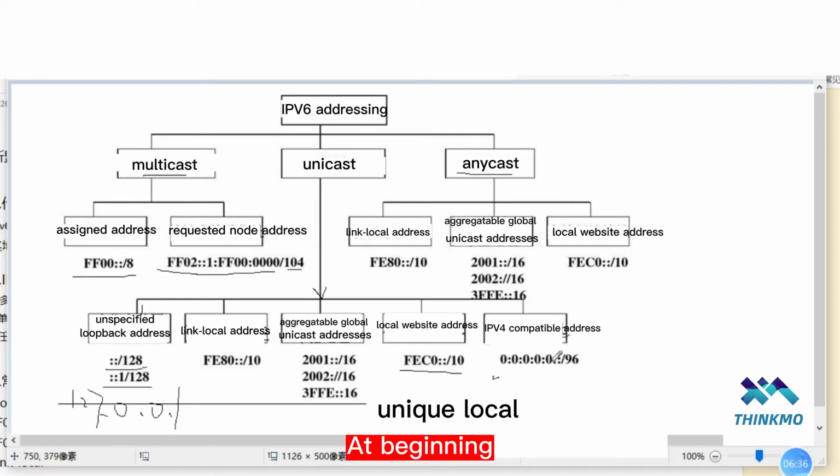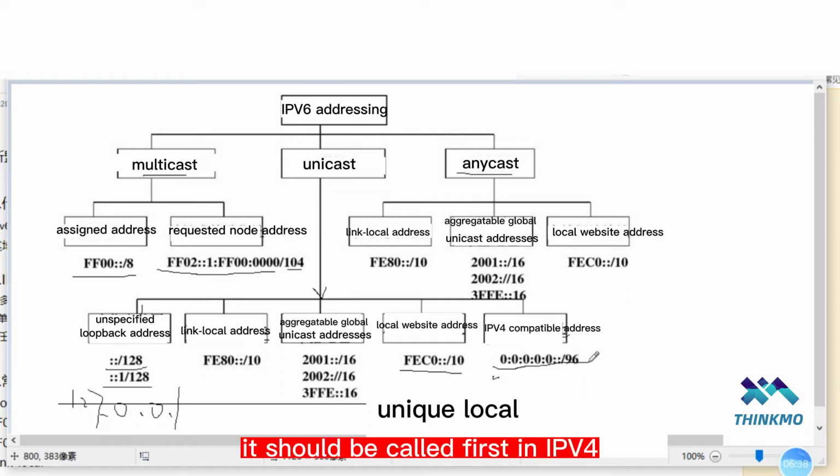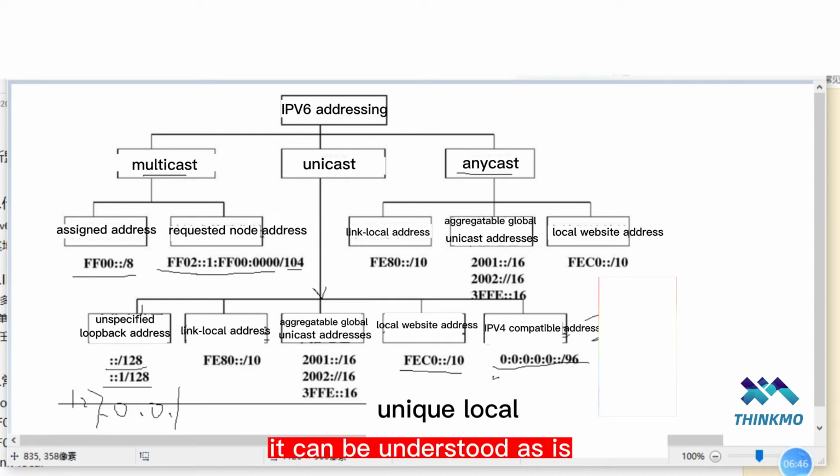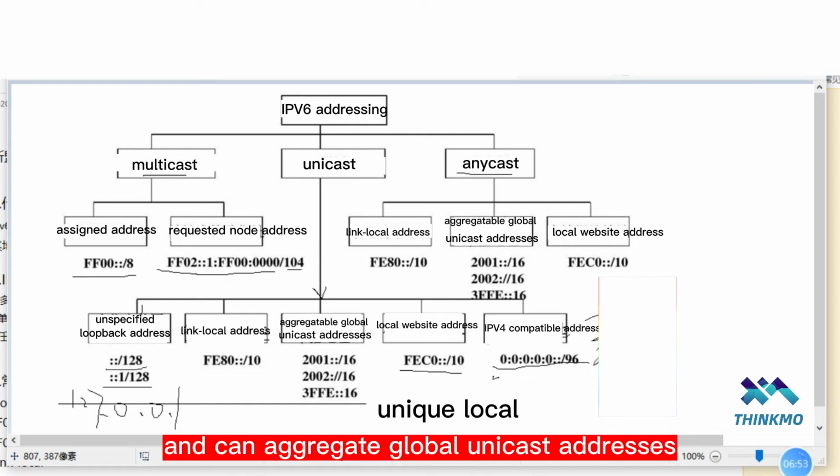At the very beginning, it was an IPv4 address embedded in an IPv6 address. It can be understood as such. These are special global unicast addresses. Unicast is also divided into link-local, aggregatable global unicast addresses.